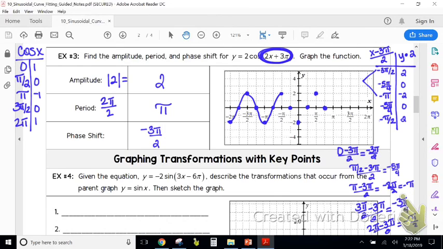So just follow your pattern. And there's our graph.